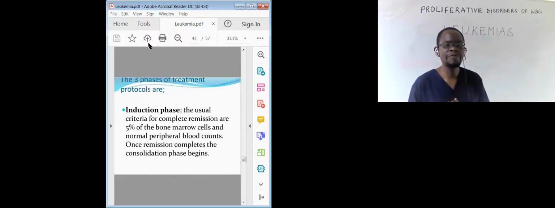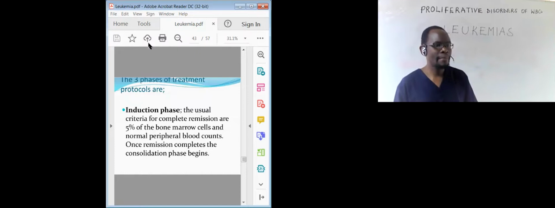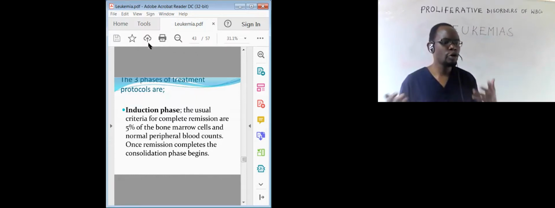And then there are 3 phases of chemotherapy. There's what we call the induction phase, whereby the usual criteria for complete remission are when there are 5% of the bone marrow cells and normal peripheral counts. So basically, that is what happens.